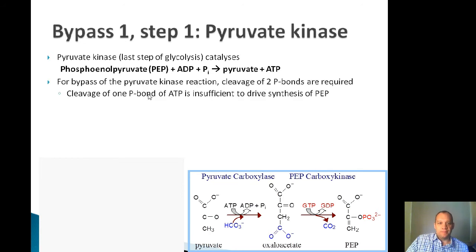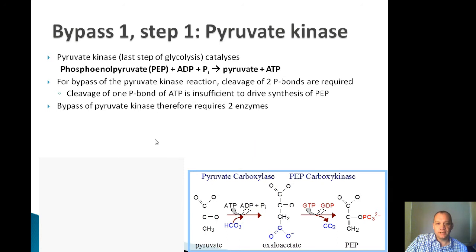So for the bypass of pyruvate kinase, we require the cleavage of 2 phosphate bonds, because the cleavage of 1 phosphate bond, the usage of an ATP, is not sufficient energy to drive the synthesis of phosphoenolpyruvate. So simply using 1 ATP does not give us enough energy to turn pyruvate into phosphoenolpyruvate, and this is why this happens in a 2-step process, and we invest 2 ATP equivalents.